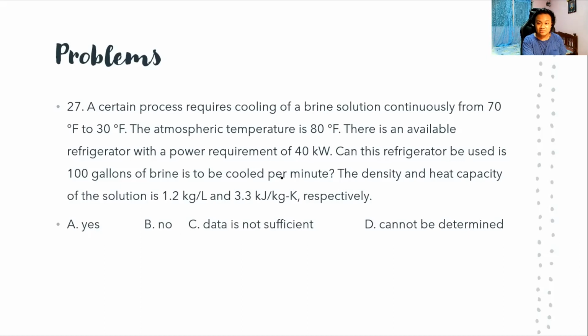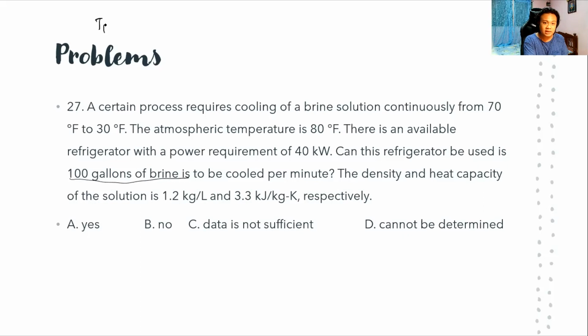Okay, so we have to test if this refrigerator is capable of cooling 100 gallons per minute of brine solution. The way you have to do that is to get the work required for 100 gallons of brine to be cooled per minute. Okay, that's the strategy there. So we have to list the givens first.